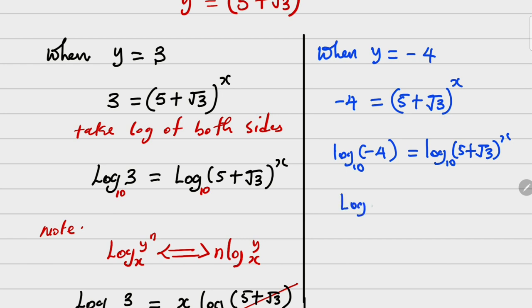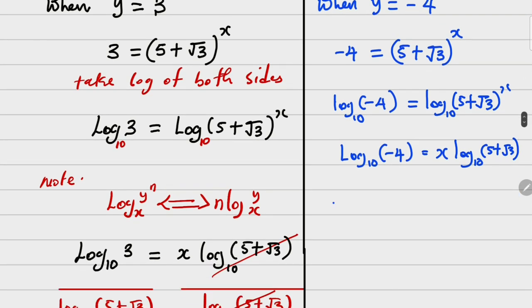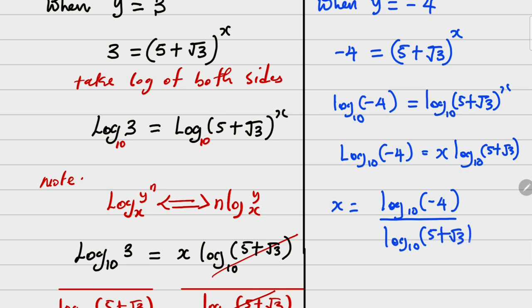So this is log minus 4 is equal to x, then you have log base 10 of 5 plus root of 3. Now you see, x is actually log base 10 of minus 4 like this, all over log base 10 of 5 plus root of 3.